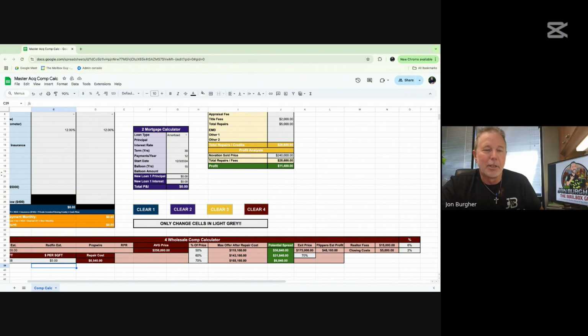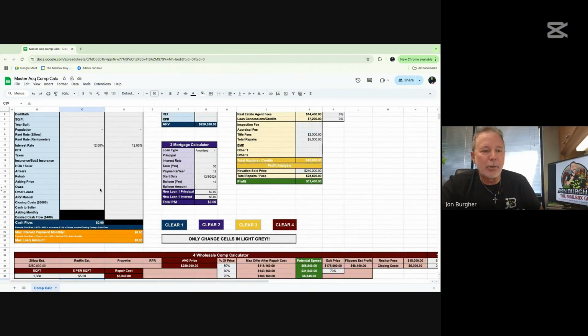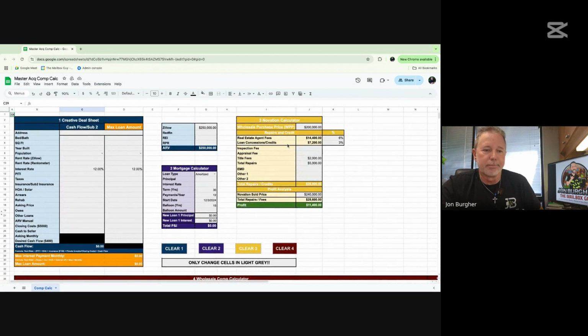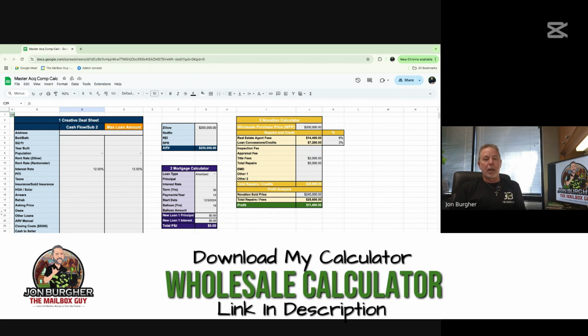If I cannot take it down over here in this creative stuff and make it cash flow, I'm immediately going to Novations. Just immediate. The only time we ever use wholesale is if this thing cannot be put back on the open market. But most people already know that even shitholes can be put on the open market and you will find a buyer, because flippers will buy off market or on market stuff.